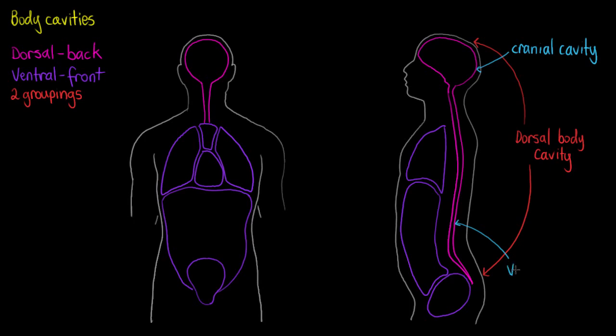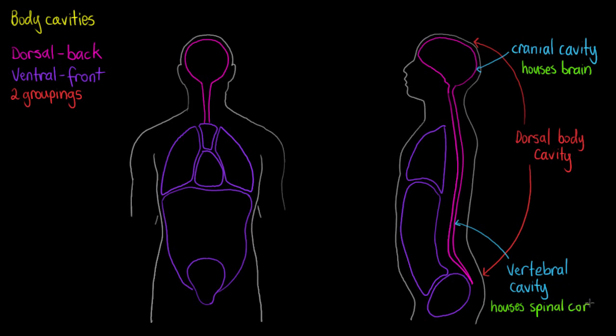That's because the vertebrae of the spine aren't just to keep us standing upright, they're also there to protect the spinal cord. So the cranial cavity houses the brain, and the vertebral cavity houses the spinal cord.